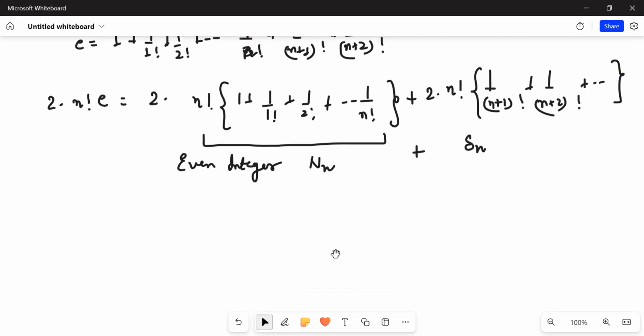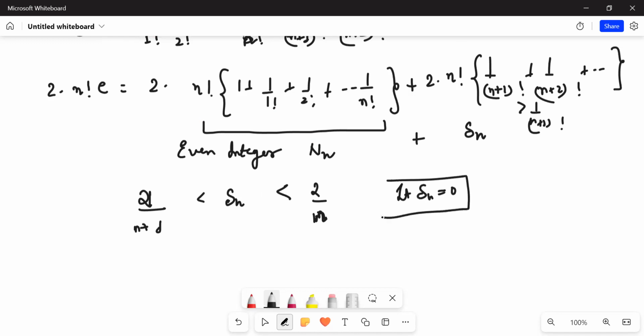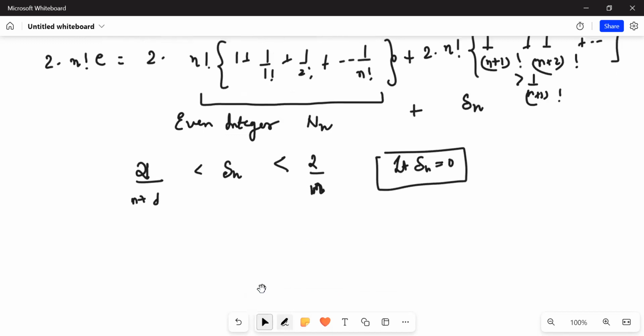We have already seen that this del n is greater than 1 upon n plus 1, since n factorial gets cancelled and the 2 also accompanies, and it is less than 2 upon n. These are the same steps we have already seen. So from here it is clear that limit del n would be equal to what? 0. Limit del n is 0 by the sandwich theorem.